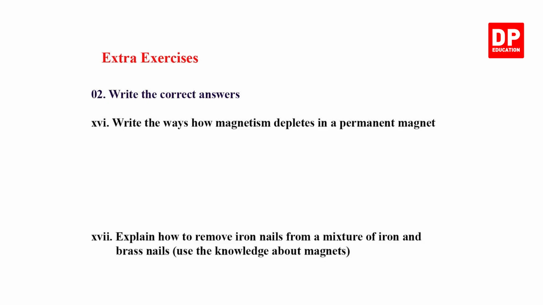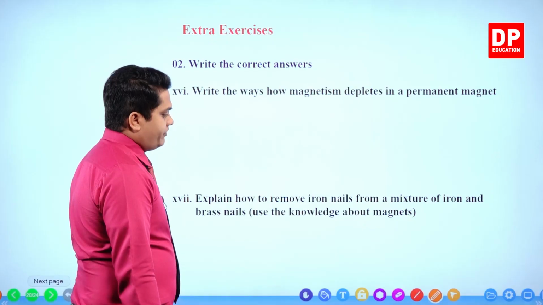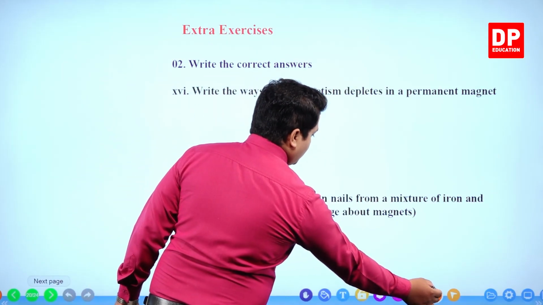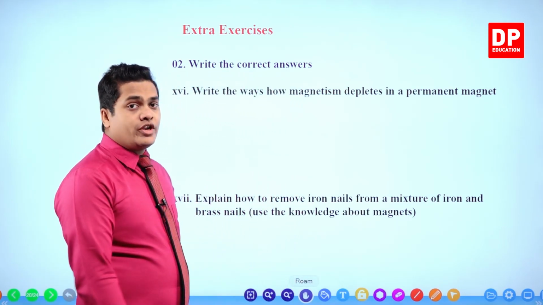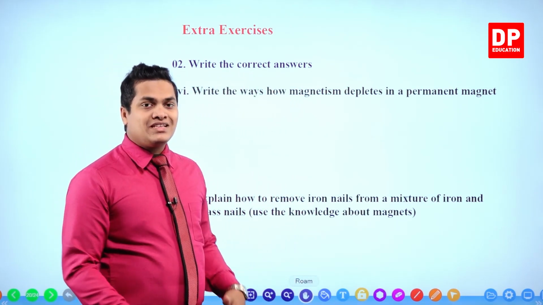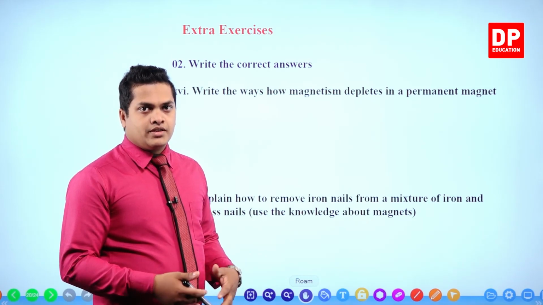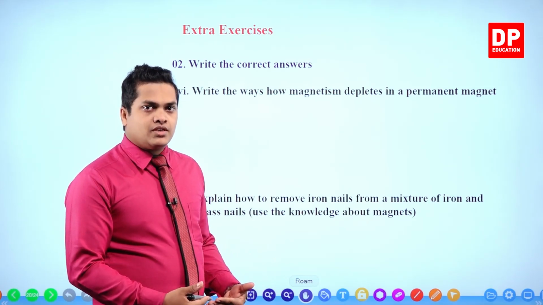So the next question is given. Write the ways how magnetism depletes in a permanent magnet. Now, if you take a permanent magnet, you know that there are several ways in which the magnetism is going to deplete. Here, deplete means decreasing. The magnetic power is getting decreased.